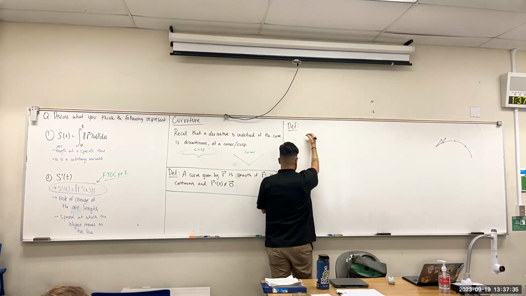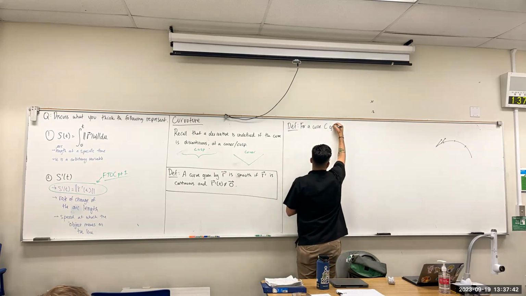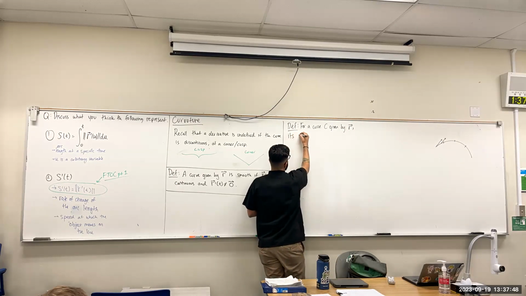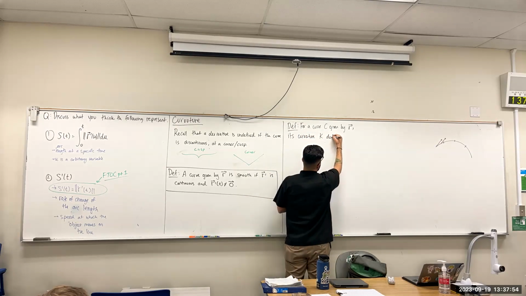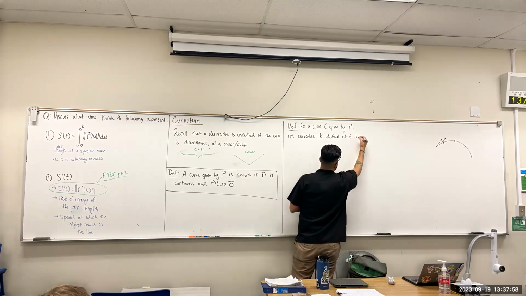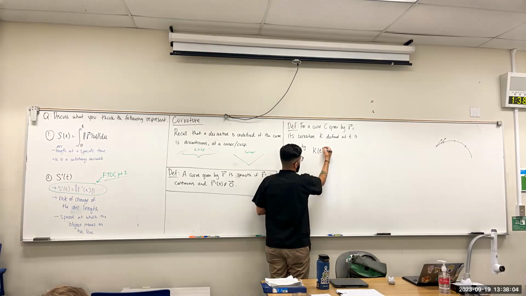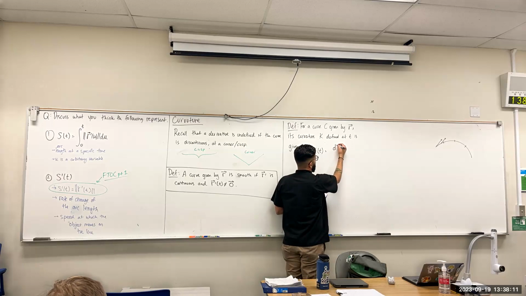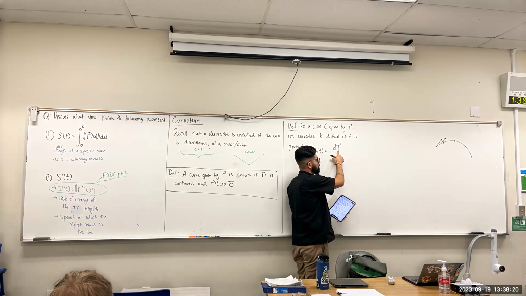So this is how we're gonna start by defining curvature. We're gonna say for a curve C given by a vector function r, its curvature, which we're gonna call kappa, defined at t is given by, so if I want to find the curvature at a specific time, it's going to be the rate of how the capital T, which is what we call the unit tangent vector, which we defined last week, I'll do it again, okay?